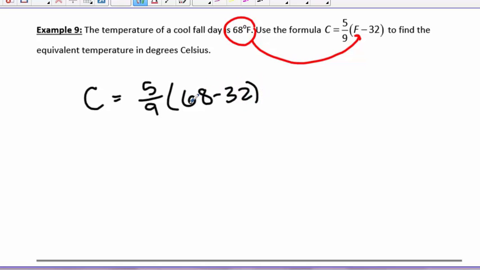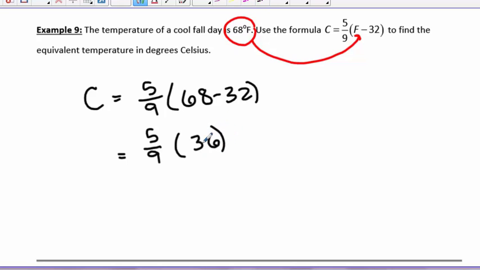This is just an equation that happens to contain a fraction, so we're going to simplify. Parentheses first, then we'll deal with our fraction multiplication. So we have 5/9 times, 68 minus 32 is 36.